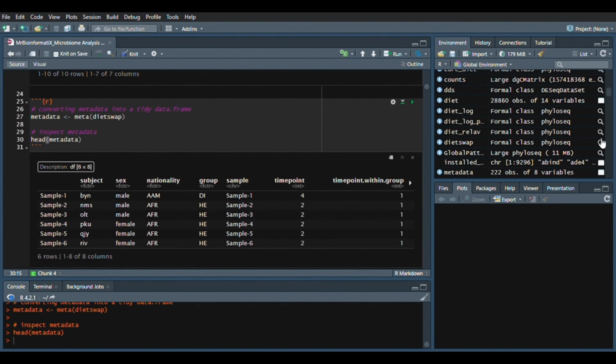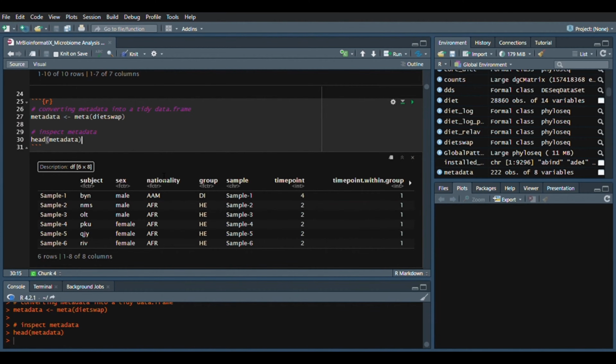So as you can see, here we have samples, sample 1, 2, 3, 4, 5, 6, and then subject. The subject is the unique identifier for each participant. So sample 1 BIN, sample 2 NMS, and so on. After that, sex. We have male and female.